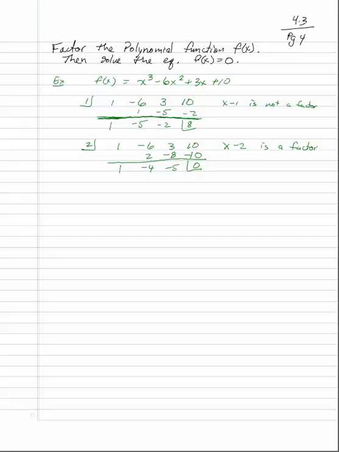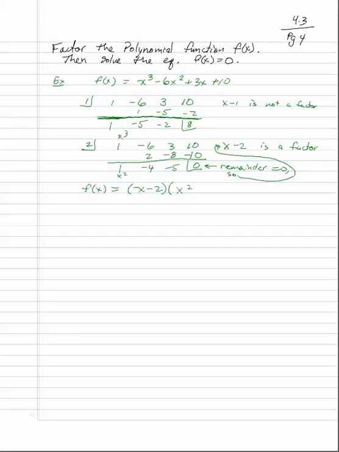So we have f of x now is equal to x minus 2, and it's a factor because the remainder was 0, right? That's the remainder. If the remainder is 0, then it's a factor. Okay, and then what's left over, remember this was x cubed, so this is x squared.